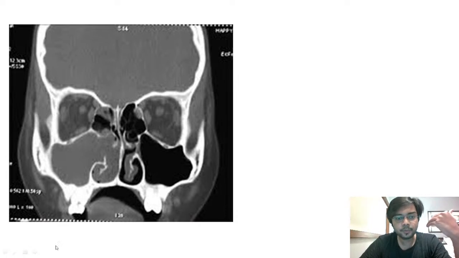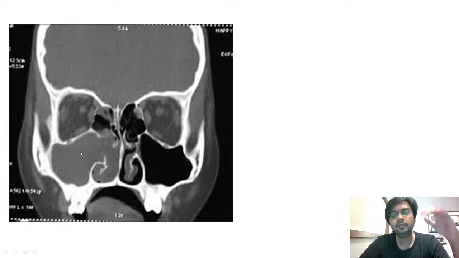So if you see this picture of this CT scan of nose and paranasal sinus, you will observe that there is some opacity in the maxillary sinus which is coming out through the widened maxillary ostium into the nose, and this is probably your inferior turbinate.